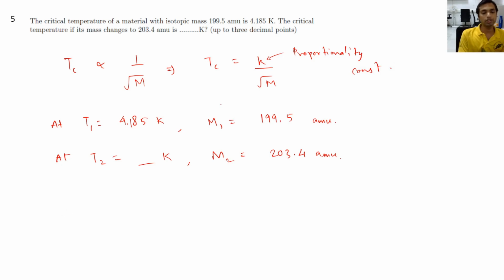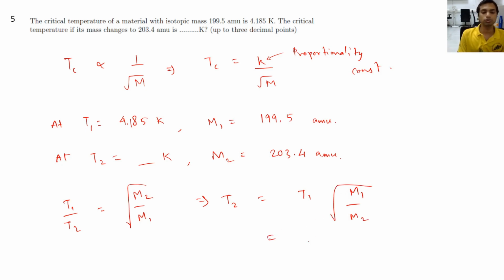So if you divide the expression, T1 by T2 is equal to square root of M2 by M1, and you need to find T2. So T2 is equal to T1 into square root of M1 by M2. T1 is 4.185, and square root of M1 is 199.5 divided by 203.4.